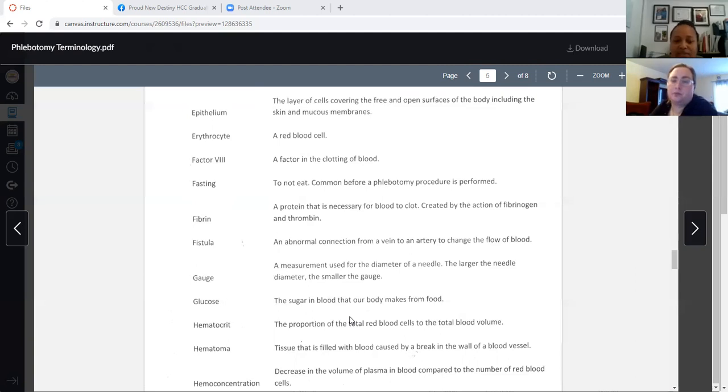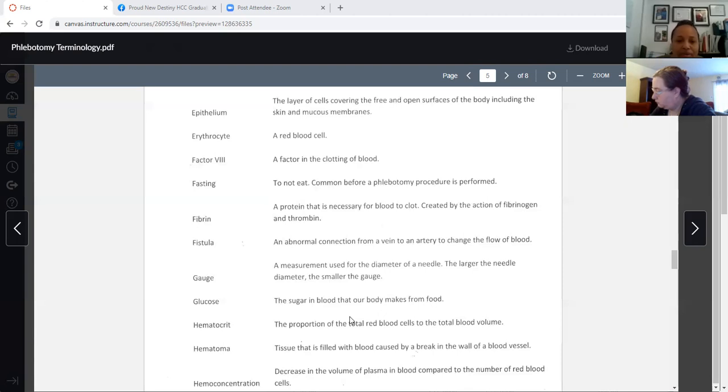This is what is going to be used to connect them to the machine. Fistula. It's an abnormal connection from a vein to an artery to change the flow of blood. And we'll talk more about that when we get to the blood drawing and the venipuncture part of the class. But right now, just highlight it and know that it's an abnormal connection from a vein to an artery to change the flow of blood.